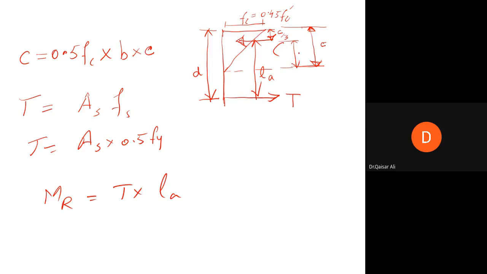As I said earlier, in the triangular stress variation, the resultant will act at 1/3 of the distance from the maximum stress location and 2/3 from the zero stress location. So this will be T into d minus c by 3. Okay, correct?